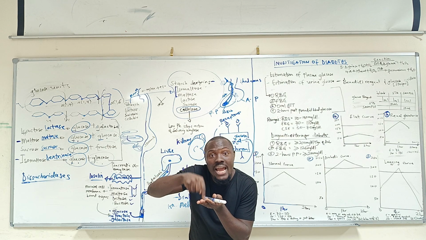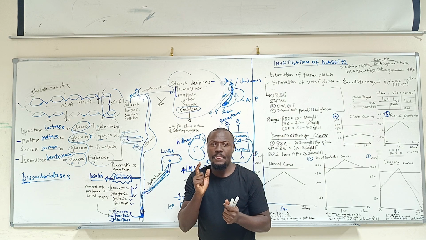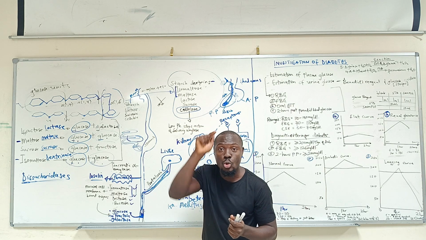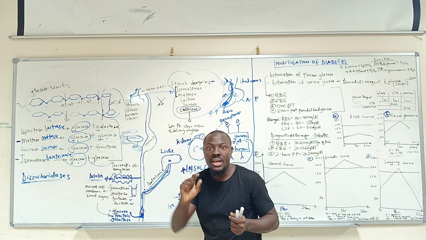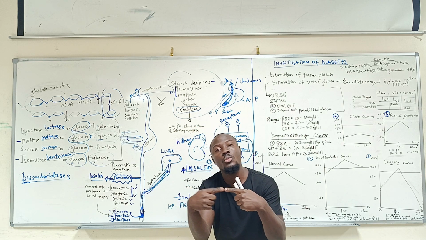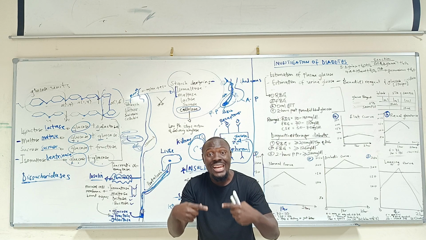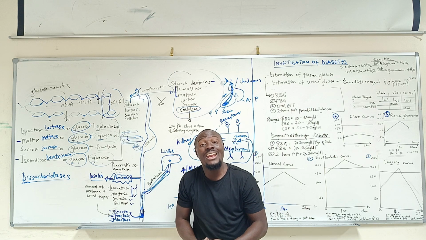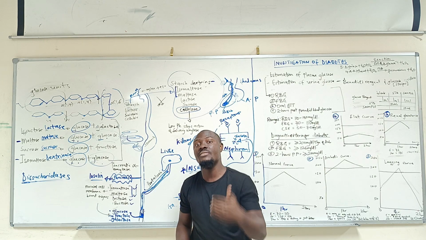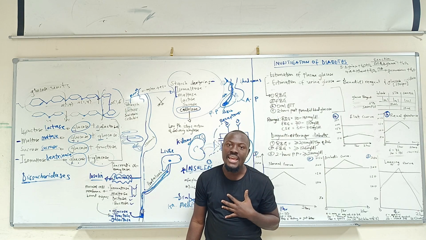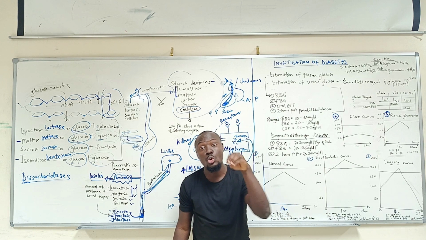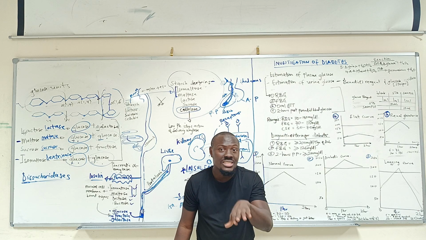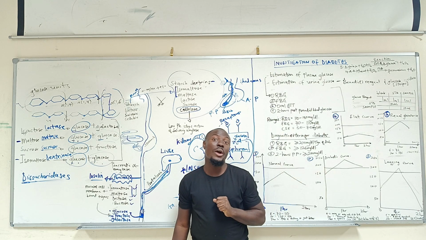When we put it inside the reagent, if there is sugar or glucose inside the patient's urine, that sugar is going to react with the Benedict reagent and it will lead to a color development. So it will change into a different color. Now the type of color that is developed will give us a fair idea as to whether the patient has glucose in her urine or has no sugar in his or her urine.